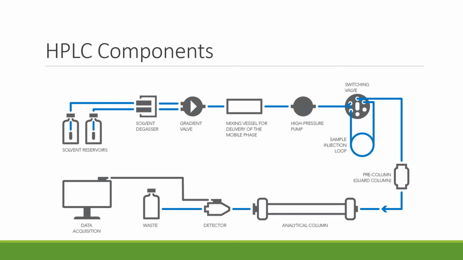So after the analytical column, the separated components are then passed through a detector and are either collected or dumped into a waste reservoir. All right, and some of the detectors that we often see with HPLC are optical absorbance or UV, fluorescence, or mass spectrometry.